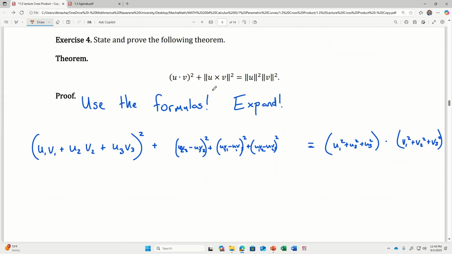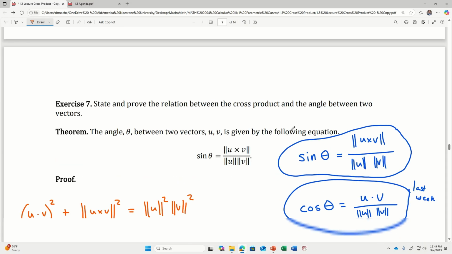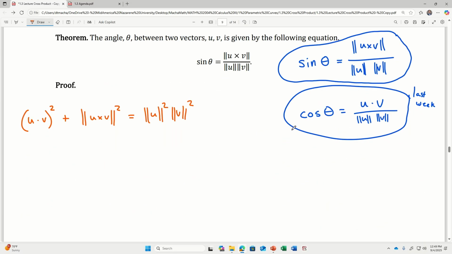Or at least we sketched the proof. I told you what it would take to prove this statement right here. And then what we're going to do is we're going to use this to substitute in for the dot product. And so where the dot product is, I'm going to write norm of u, norm of v, cosine theta.